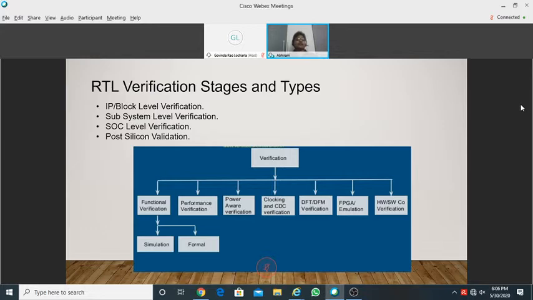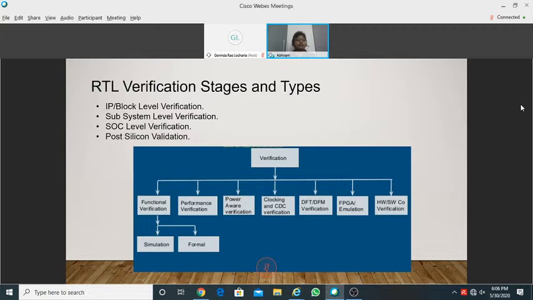For example, USB 3, currently 3.2, is being used in most laptops and mobiles. That is not cutting edge, so each company can have their own IP. But if you're going for cutting edge, maybe you need to get it from some other company. So block level or IP level verification is where the first level of verification is done.